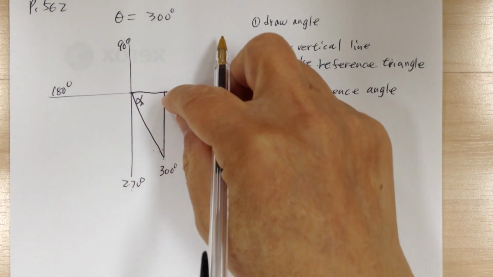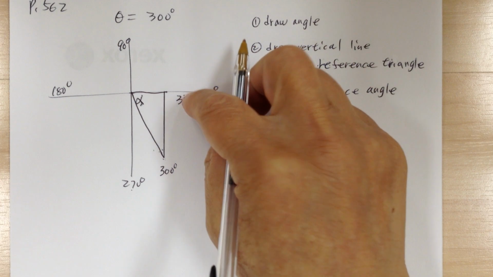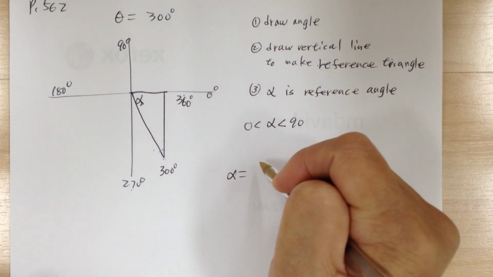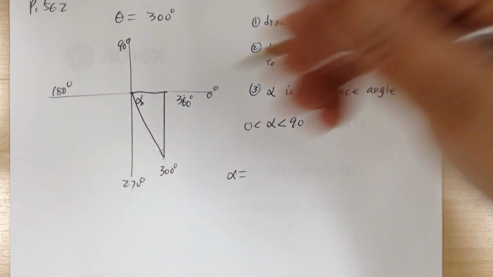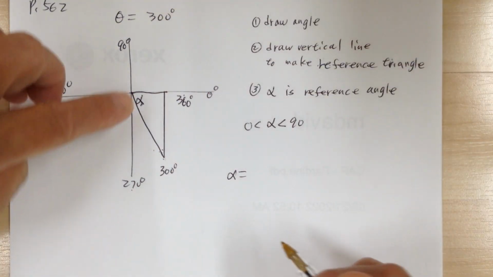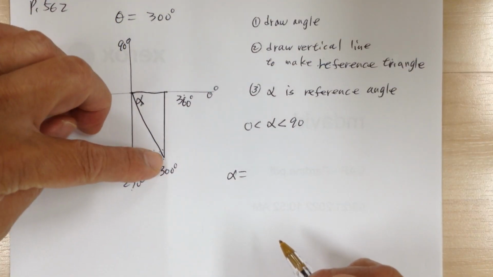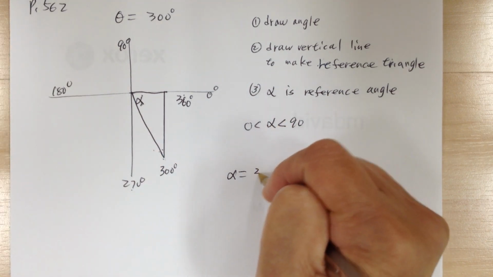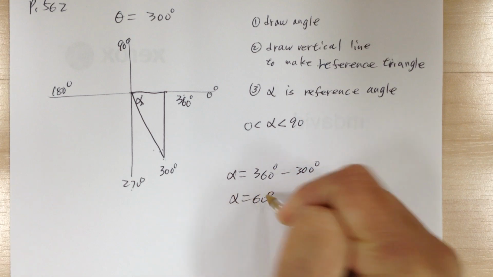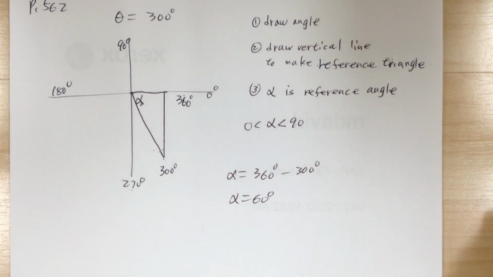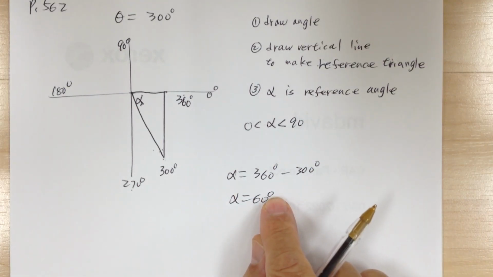You cannot use 0, so use 360. Alpha equals the side that is more counterclockwise minus the one before it. So alpha equals 360 minus 300, so alpha equals 60 degrees. Alpha is always positive. So that's how you figure out your angle.